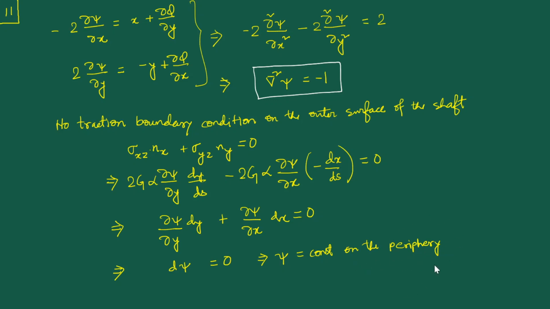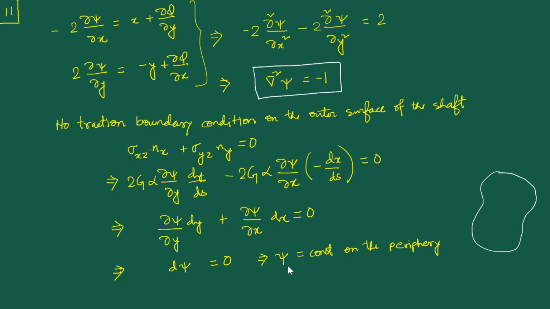So on the entire cross section, if you just consider the cross section again, on this entire periphery, this psi is a constant. Now if you had been wondering all along how using the Prandtl stress function actually helps us in addressing problems given a certain geometry, this is the missing link.